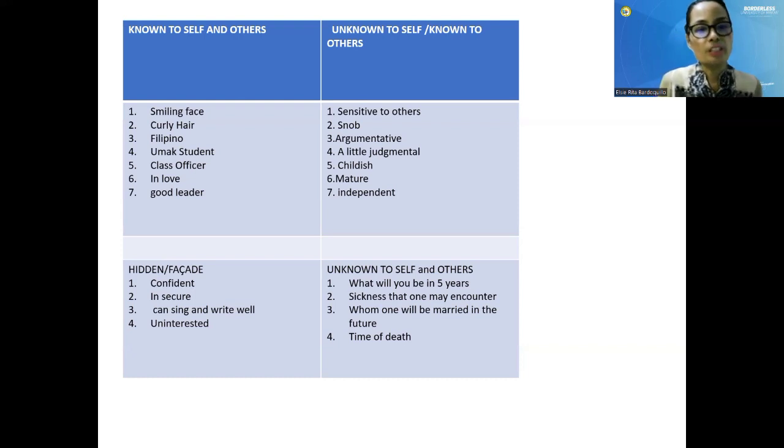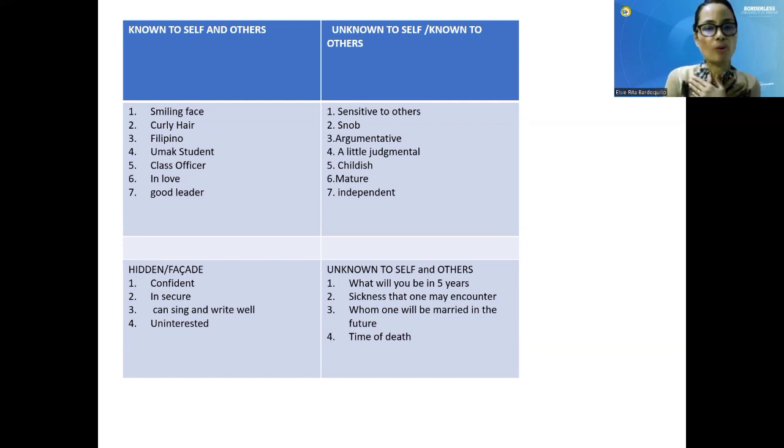And then, hidden or facade, pwedeng yung tao ay pinapakita niyang confident siya, pero sa likod noon, hindi pala. Pwede namang ang tingin pinapakita niya na insecure, pero yun pala false humility.